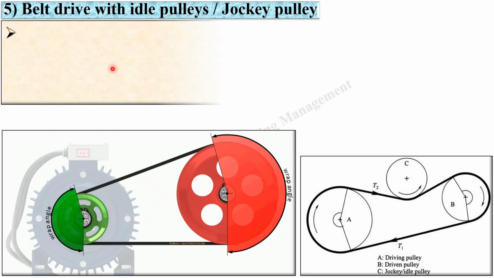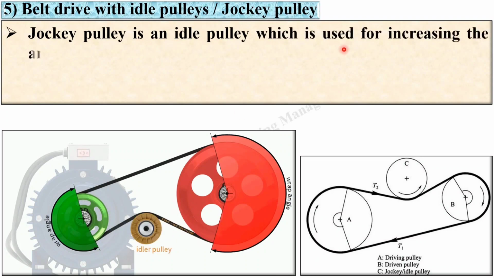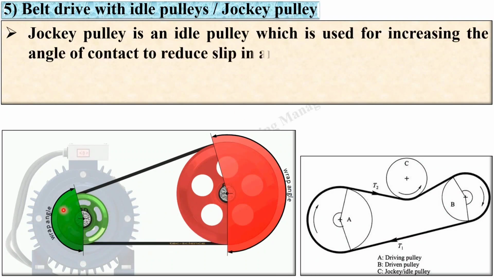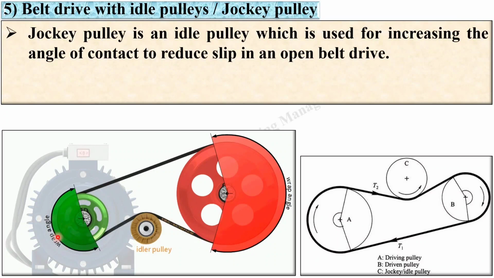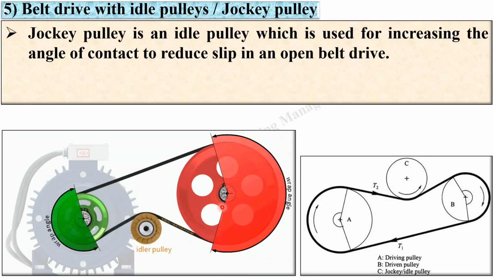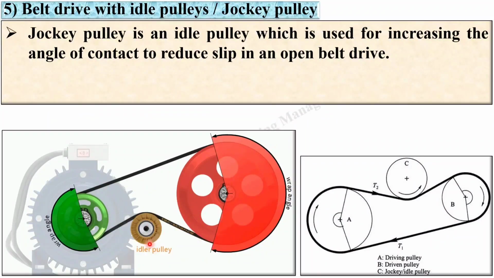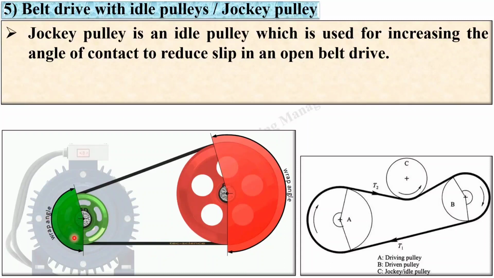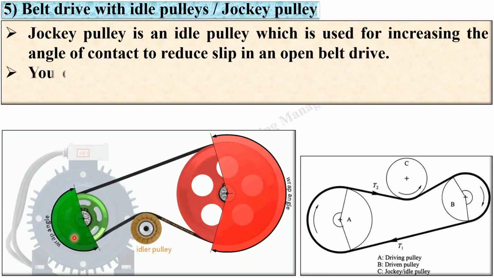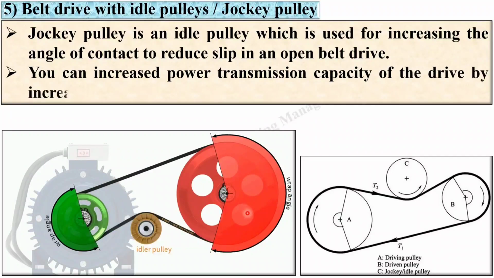A jockey pulley is an idler pulley which is used for increasing the angle of contact, to reduce the slip in an open belt drive. So in the open belt drive you can use the idler pulley to reduce the slip. You can also increase power transmission capacity by using the idler pulley.